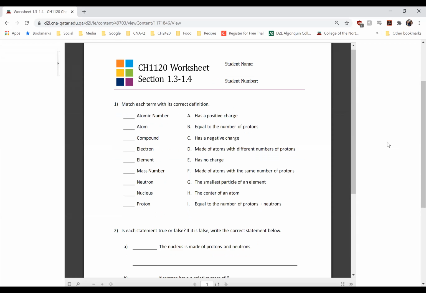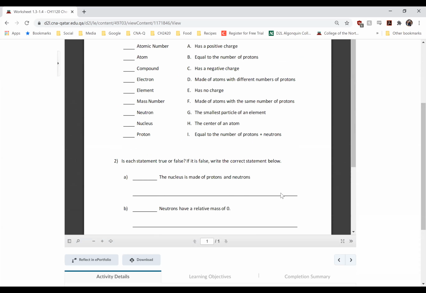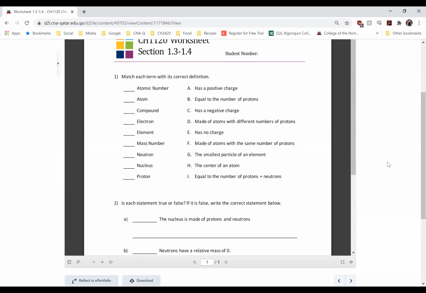So worksheet 1.2 is a fantastic worksheet, but again, if your test is online, let's be real, you're going to use the internet, which is fine. Okay, worksheet 1.3 and 1.4, this is a good one to know in general, but there's not a lot to show here. It's basically just definitions. It's only 1 page, and it's looking at the definition of atomic number, what is an atom, what is a compound, what is an electron. These are good to know.